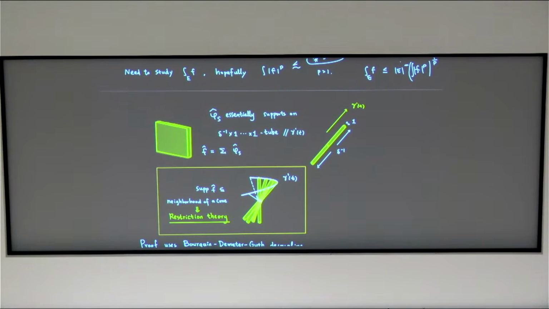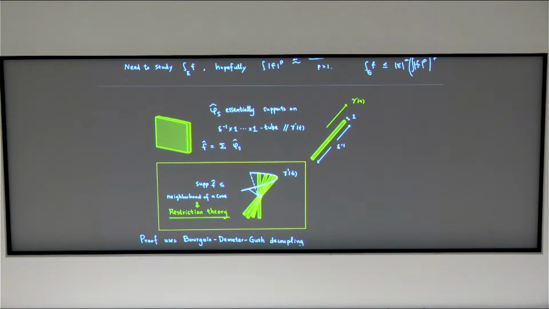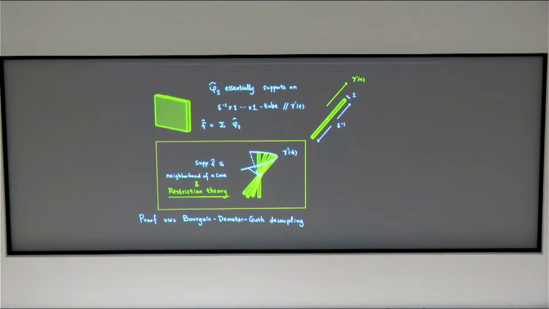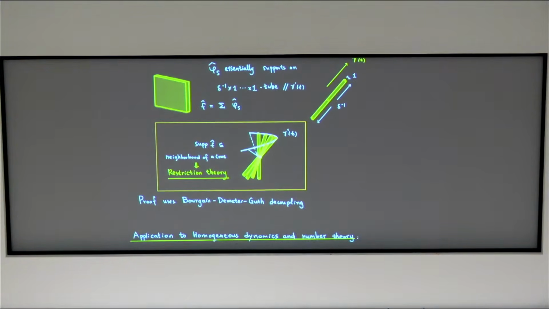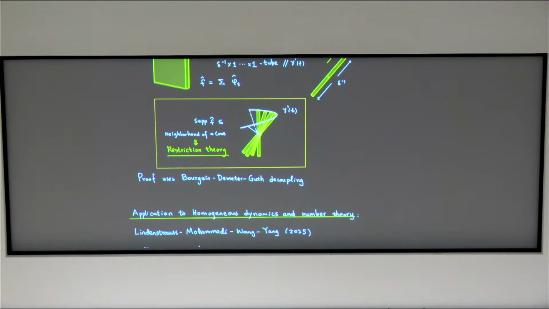And that is exactly the object of study in restriction theory. And this is how it's related. One could use restriction theory to study projection theorems. And the proof uses the Bourgain-Demeter-Guth decoupling we have seen before. And this restricted projection theorem has applications to homogeneous dynamics.